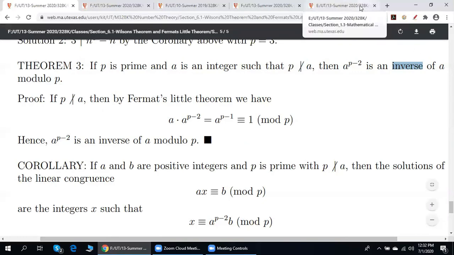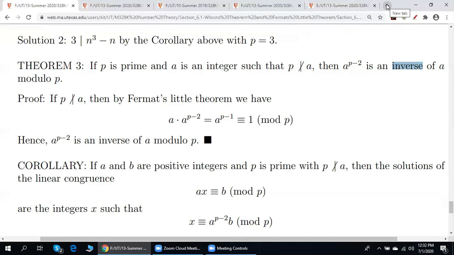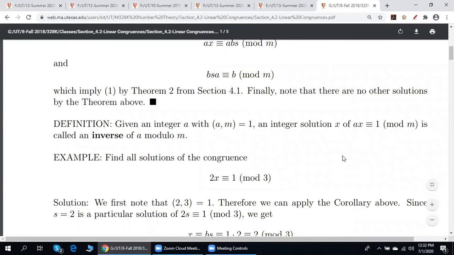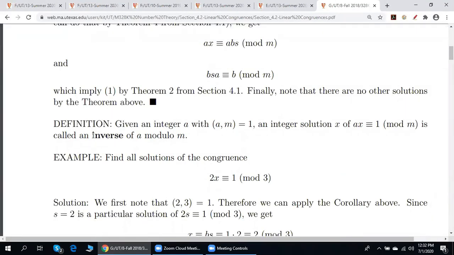Again, let us go back to one of our previous handouts. In simple words, inverse of A modulo M is a solution of this congruence.